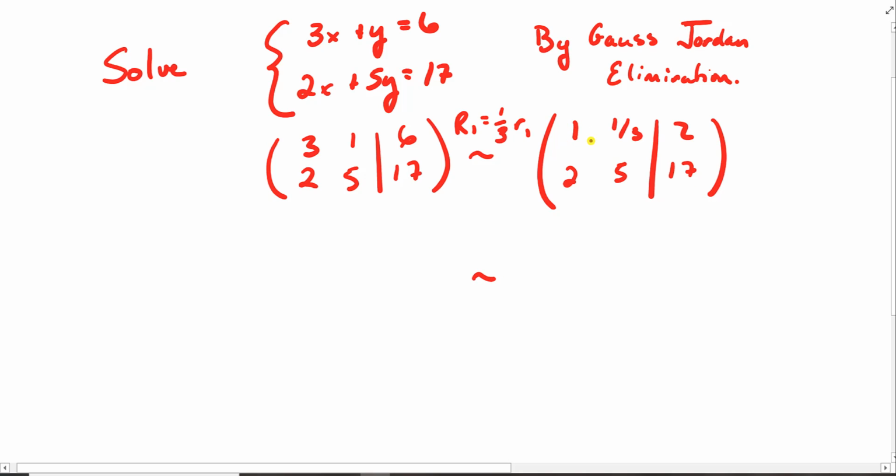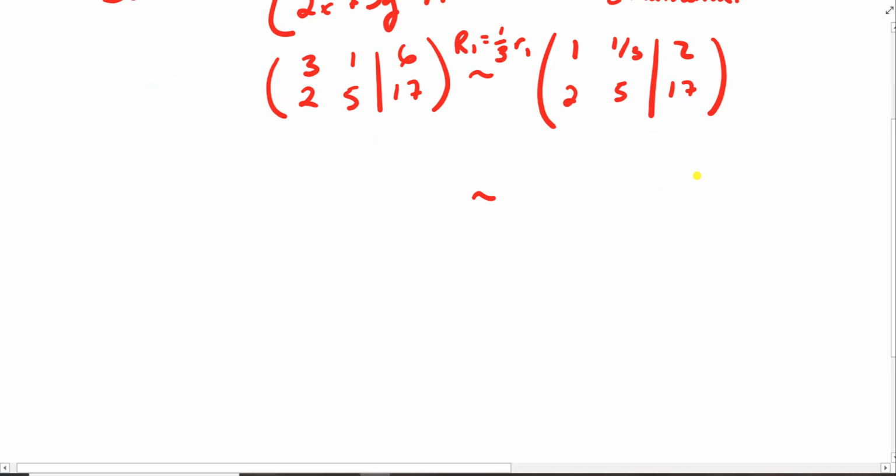Now, because we were able to get a 1 in this position here, in the process of Gauss-Jordan elimination we want to get zeros above and below it. So that means I want to get a 0 in this position here. To do that, I'm going to multiply my current pivot row, the first row, by the opposite of the coefficient of this entry. So I'm going to multiply my pivot row by -2, and then combine that new expression with the original row 2 to give me a new row 2.